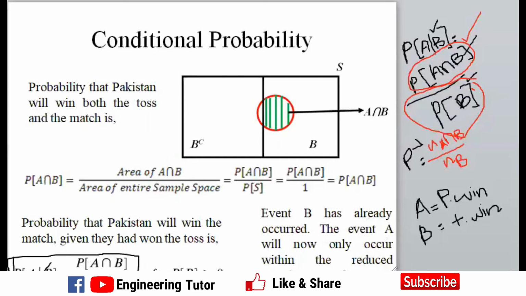The event A will now only occur within the reduced sample space, because now the overall sample space is B, and you have to find the probability of the event under these circumstances. That's why the sample space has been reduced to B, and you have to find the probability of the intersection with B. That is the overall concept behind all these things. Okay, let's move on.